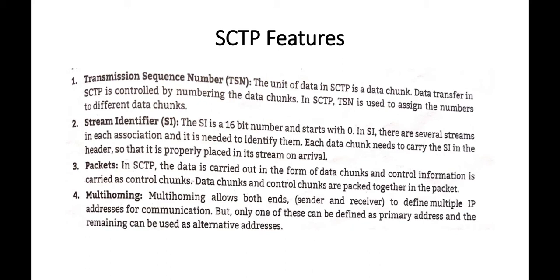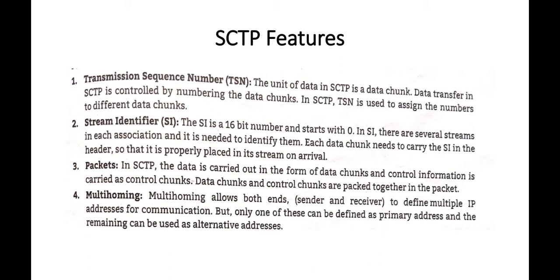In an earlier video lecture, we showed the diagram of the stream of data, how data chunks travel between the streams. Here we use a number of streams to transfer the data, and each stream is allocated an identifier. This is a 16-bit field and there are several streams in each connection. In each connection a number of streams are present and we need to identify them. So how do we identify them? To identify a stream, we allocate a stream identifier number.